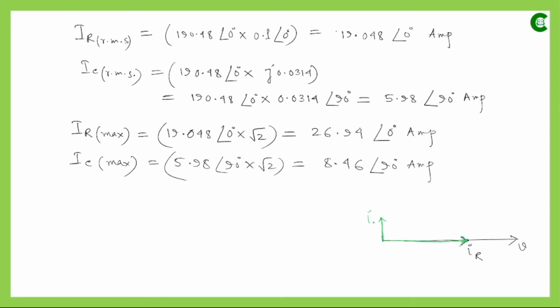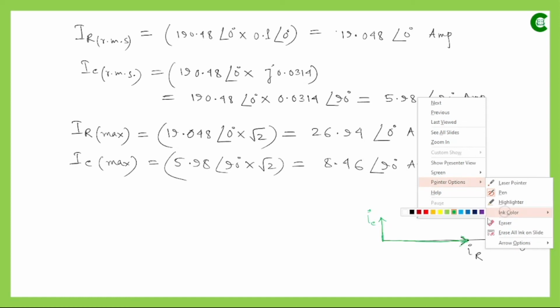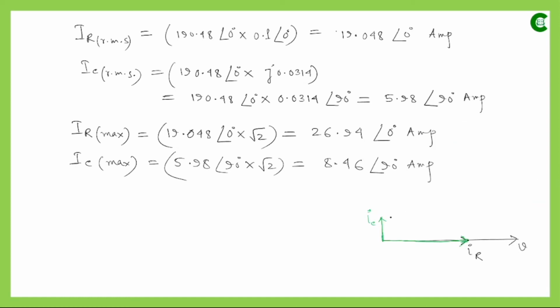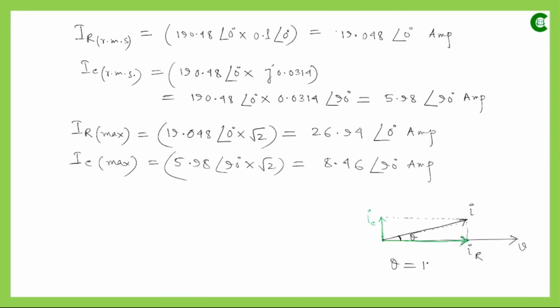Next, the phasor for the net current will be the resultant of this parallelogram, a concept we have already seen. This is the phasor of the net current I, and this angle theta is 17.43 degree, which we have already calculated. This is the phase difference between the total current and the common voltage.